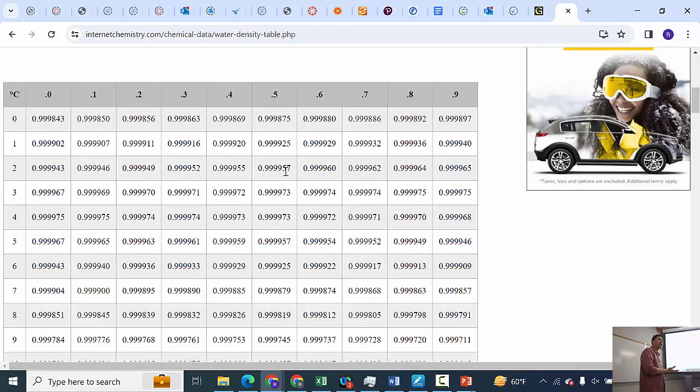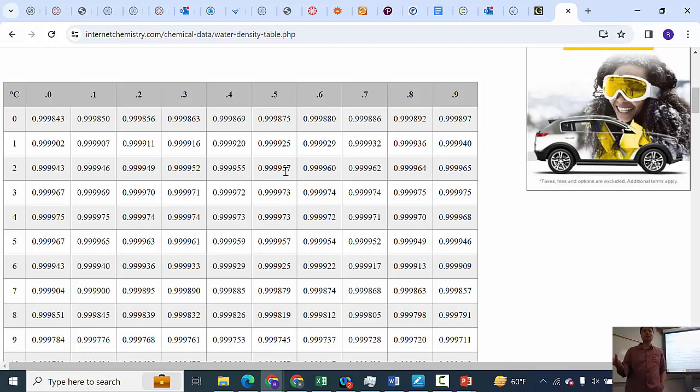It's kind of hard to see the pattern, right? You can kind of see the pattern. You see, we start off at 0.999843. And then we go up to about 4 degrees. Do you see the density went up? It went from 998 to quadruple 9. But then it starts to go down. This goes 75 to 67 to 43. So it looks like it's going down.